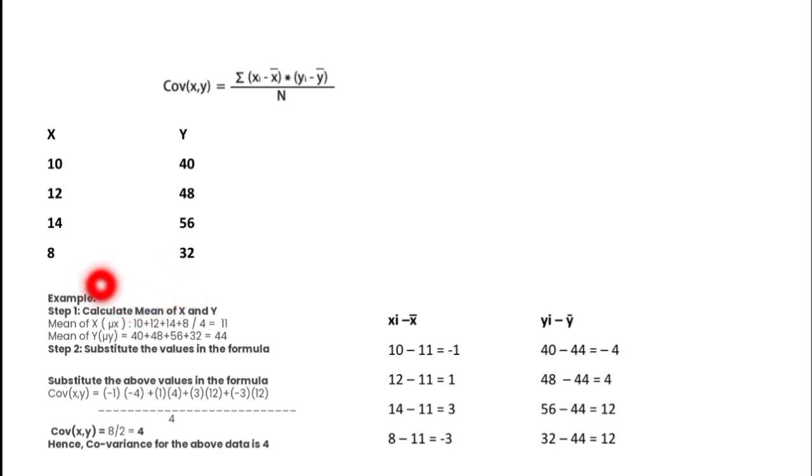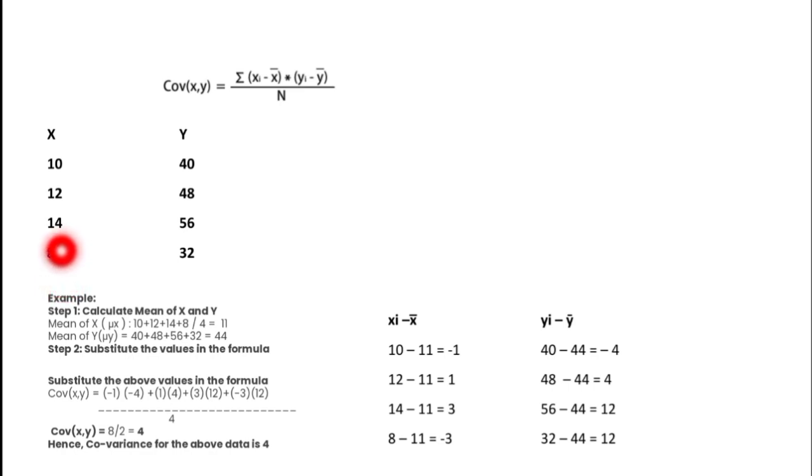To calculate the mean value, we have to add all the values and divide by the number of values. So n is the number of values. What is the value there? The value will be 4, right?